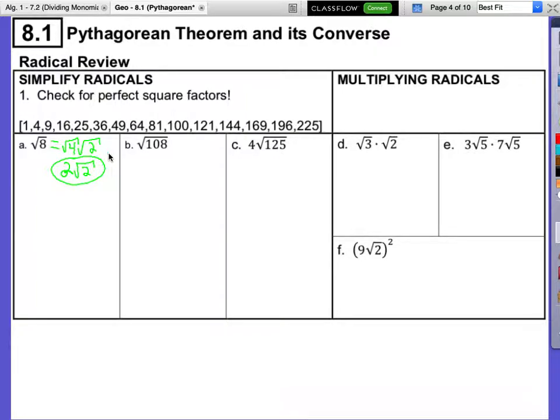We could use a calculator, right? How could you check if a number is a factor of this? Could we take 108 divided by 9 to find out it goes into it 12 times? Yeah, we could. So we could call the square root of 108 the square root of 9 and the square root of 12 being multiplied together.